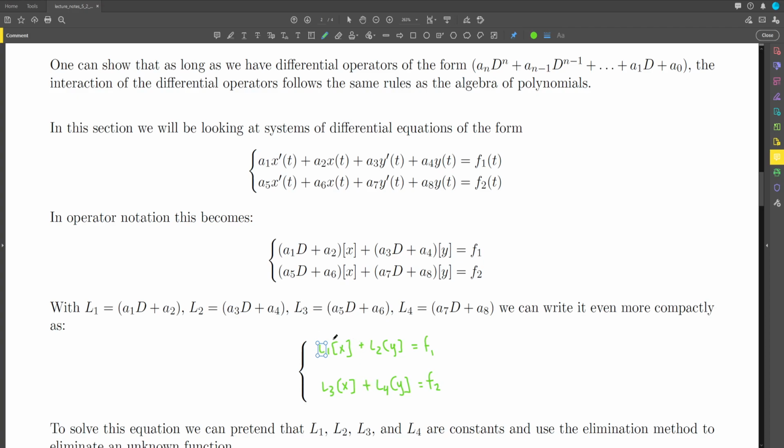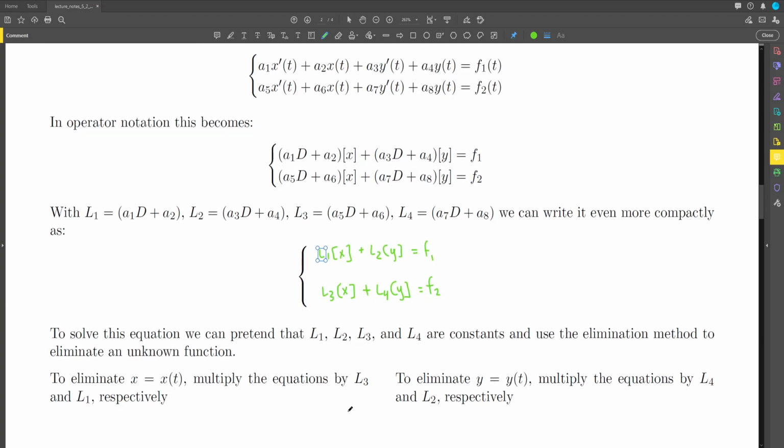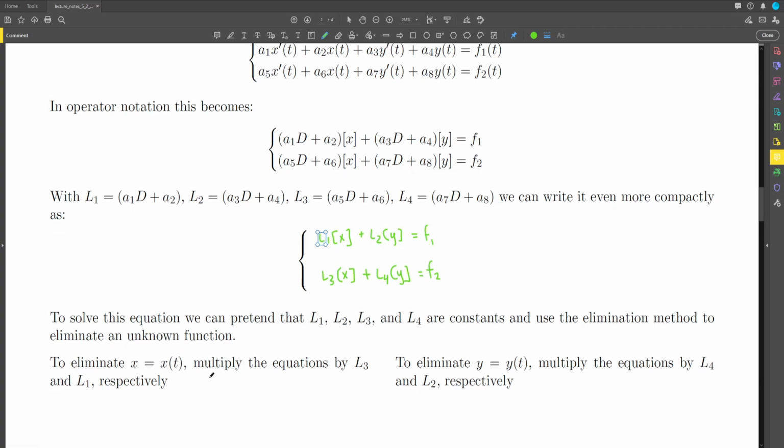So L1, L2, L3, and L4 are all differential operators, but if we pretend for the moment that they are just constants, like in a normal algebraic equation, then we can use the elimination method to eliminate an unknown variable. And in this case, the variables x and y are actually unknown functions.